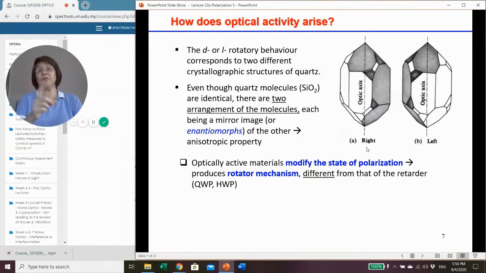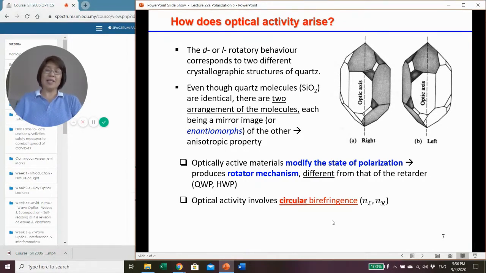And this is different from the retarder or the retardation plate, the quarter wave plate, half wave plate that we were discussing before this. So optical activity actually involves birefringence. Yes, we have two refractive indices, but it is due to circular birefringence.